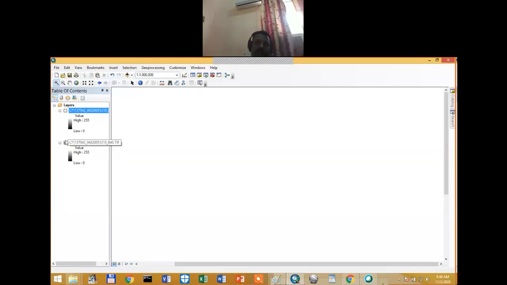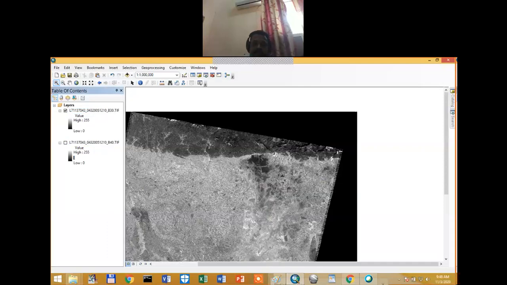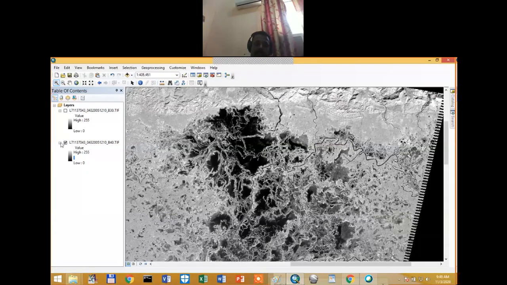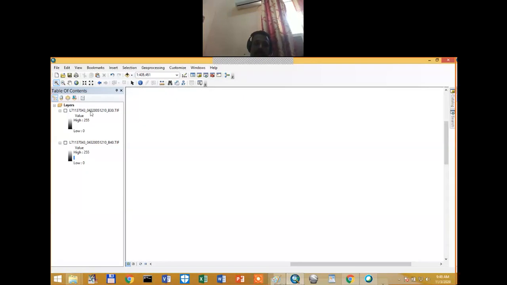Okay. So our band number 3 information is this one. This is the red band. Okay? And our band number 4 information is here. This is our near infrared band. Okay.